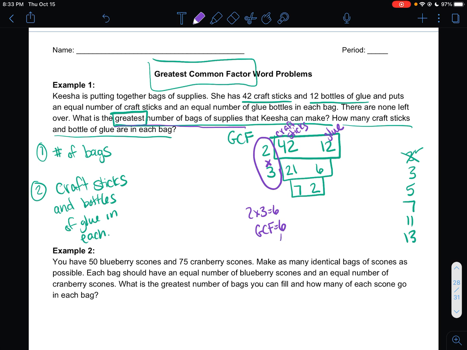So this greatest common factor, this 6, represents the number of bags. So Keisha can make 6 bags. But that answers question 1, so we're done with question 1.